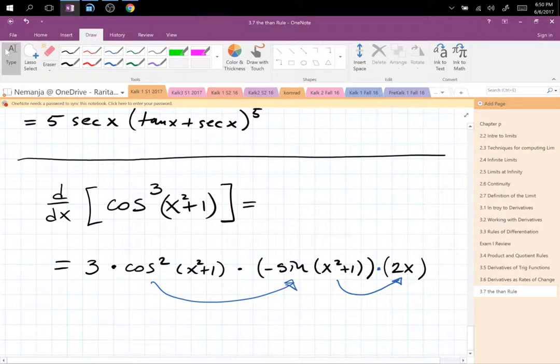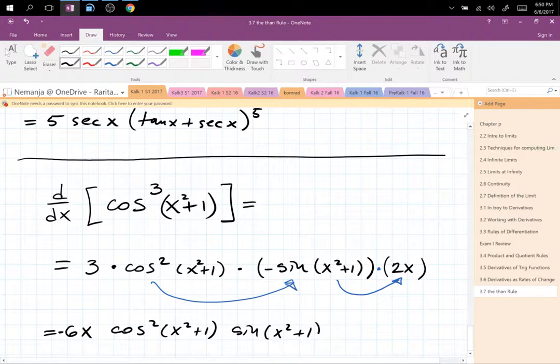And now all you need to do is to simplify this. It is 6x, negative 6x, negative 6x cosine squared of x squared plus 1 times sine of x squared plus 1.